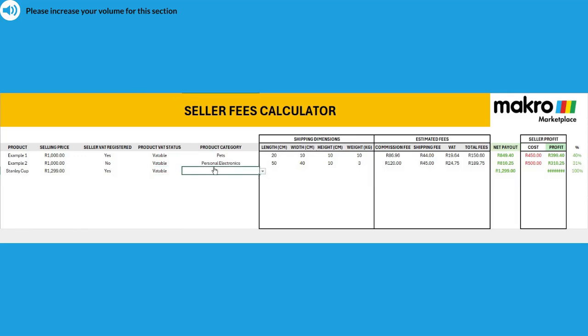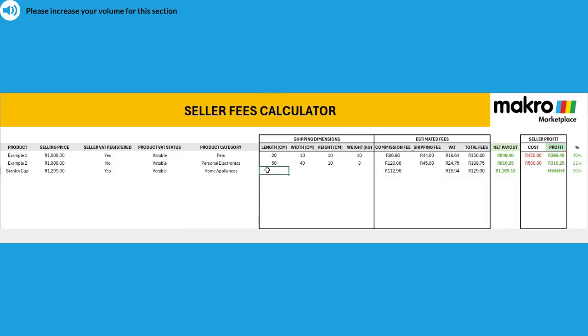Okay, and then in this section you can then specify whether this is home appliances or homeware decor furniture or outdoor furniture. So you can select from there. And then in this section here, as mentioned before, you need to specify the shipping dimensions.